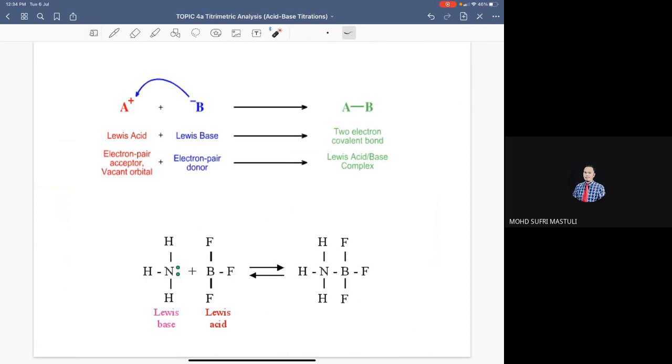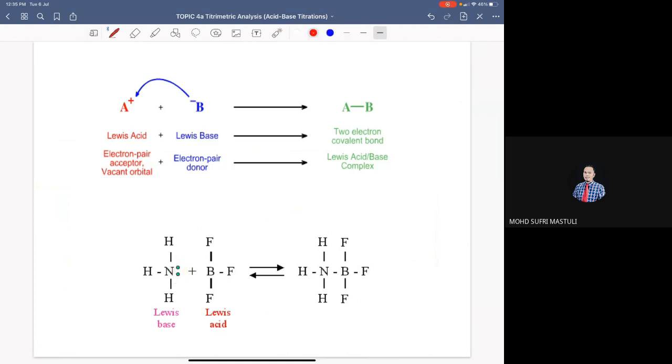Lewis acid is an electron acceptor, Lewis base is an electron pair donor. So this is the example: the Lewis base, the electron donor, has a lone pair of electrons.